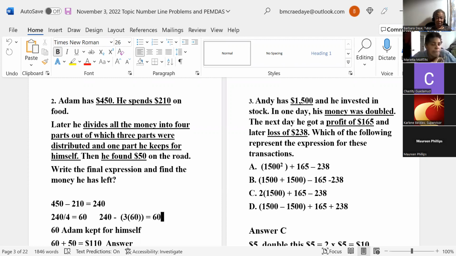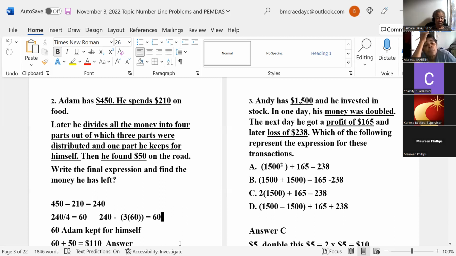Oh, I see. Because it says 3 parts were distributed, that means he gave away 3 parts. Okay. So each part is 60, because you found that when you divide 240 by 4. So 3 times 60 is 180. Subtract that from 240, 60. $60 is what Adam kept for himself.